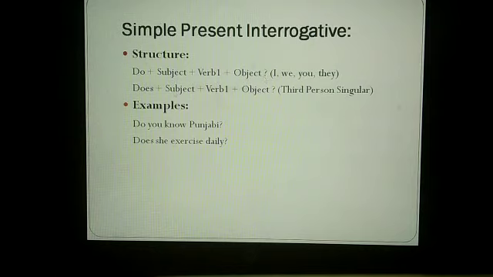And does plus subject plus V1 plus object and question mark. With third person singular we use does, and with I, we, you, they we use do. These are examples. Do you know Punjabi? Does she exercise daily? Right?